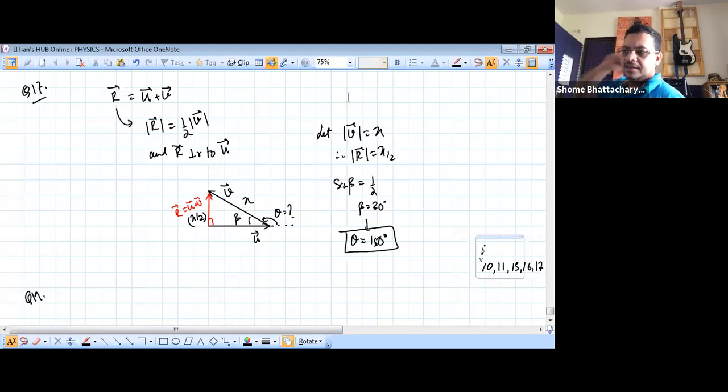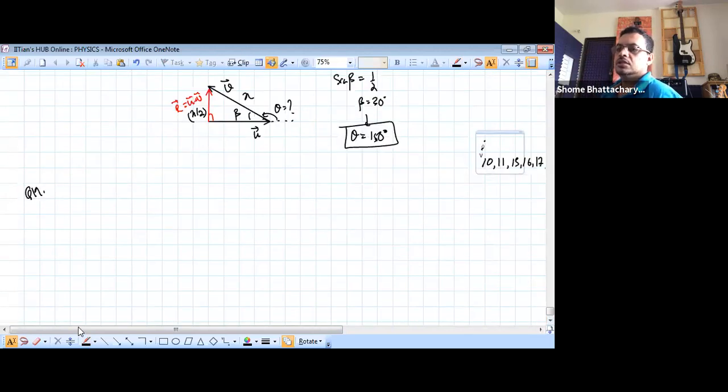Question 19 is just about inequality, saying that if one force, let's say the vector A, is of magnitude 6 newtons, and another force B is of magnitude 8 newtons, then what can we say about the resultant?